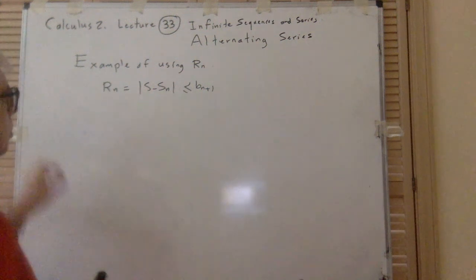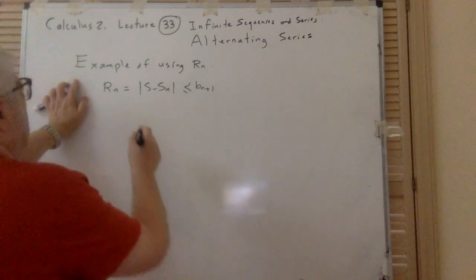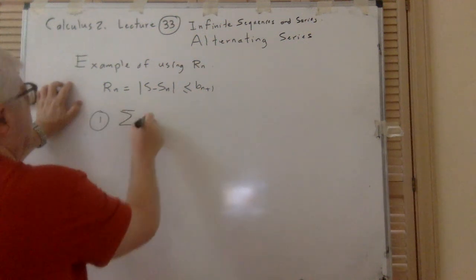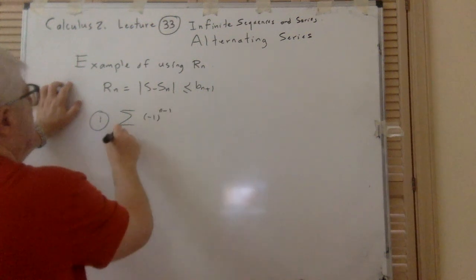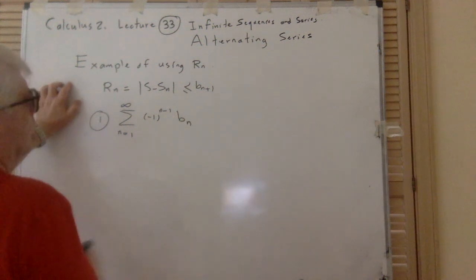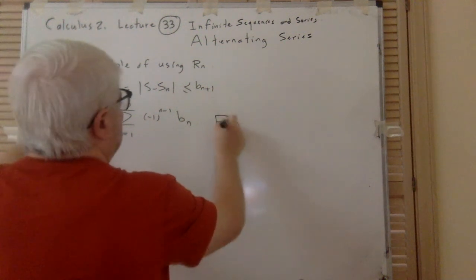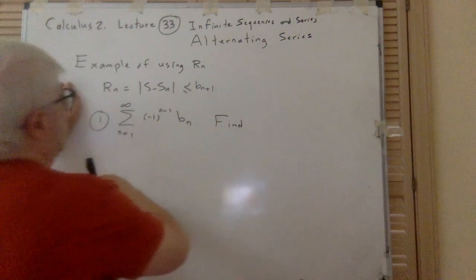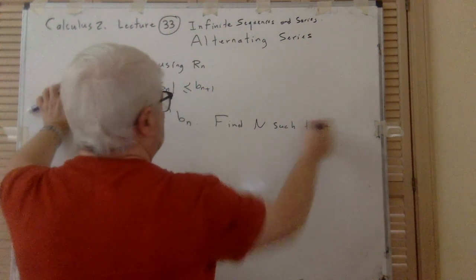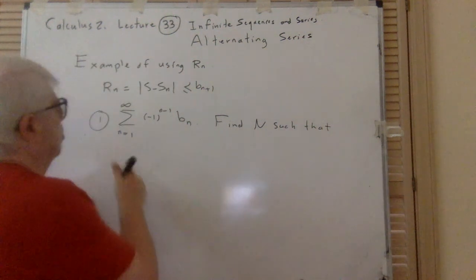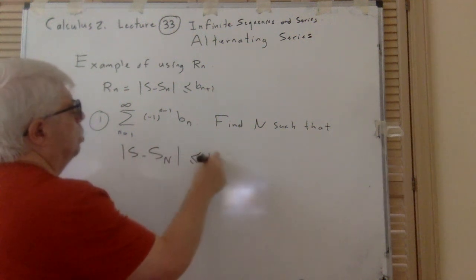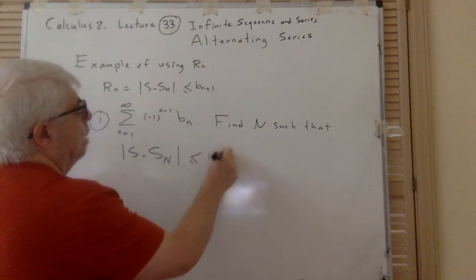Okay, now, let's say the sum of (-1)^(n-1) bn from n equals 1 to infinity. So if I find n such that S minus Sn is less than 10 to the power negative 9.